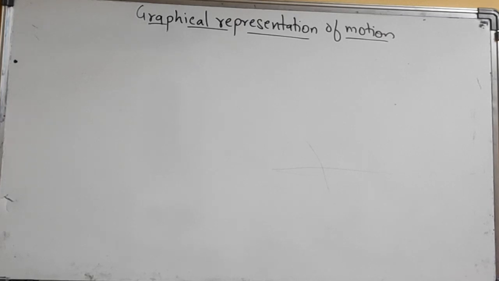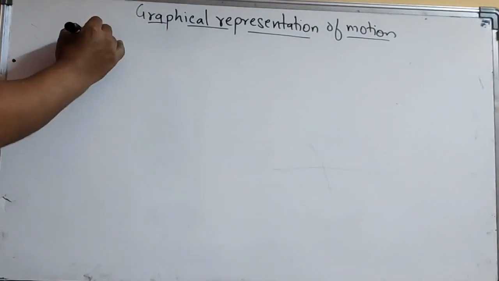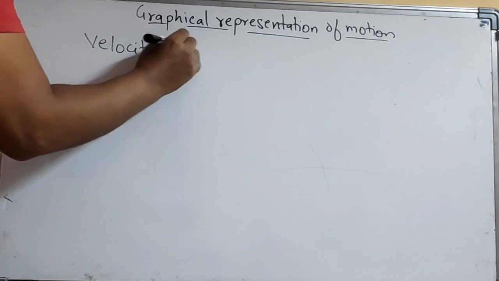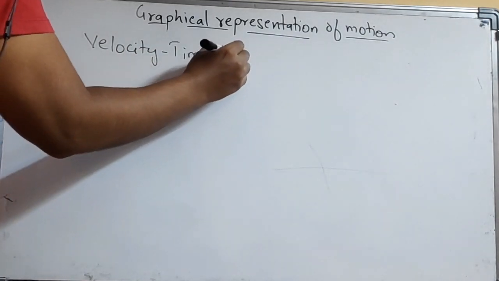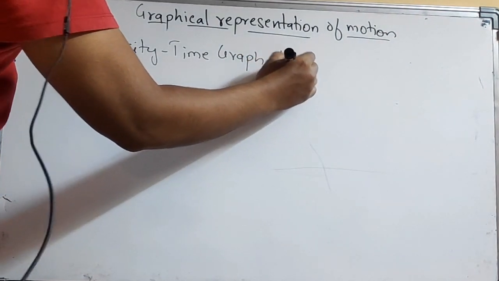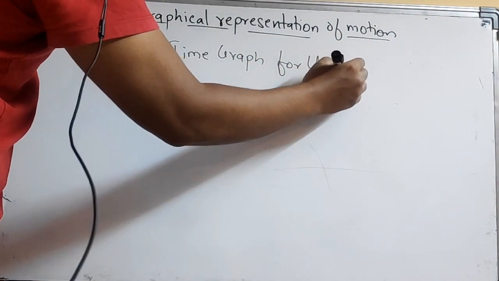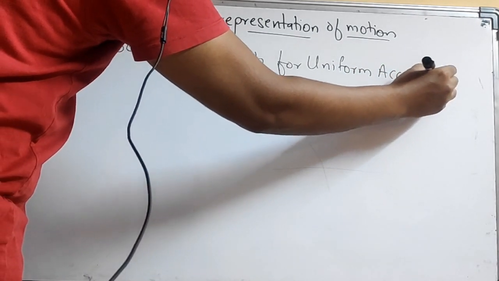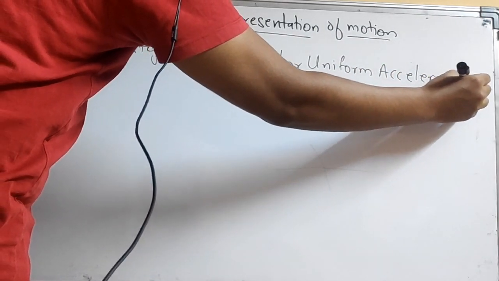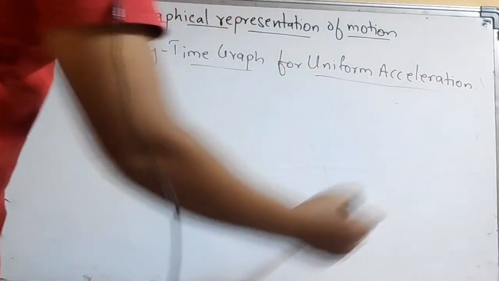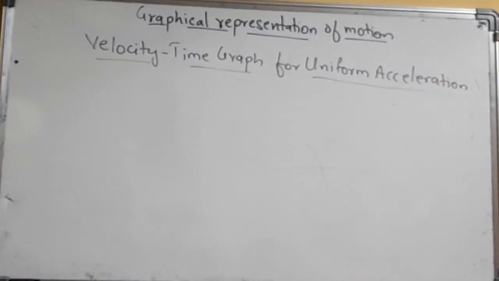Now we'll move forward to the next type of graph, that is the velocity time graph for uniform acceleration.